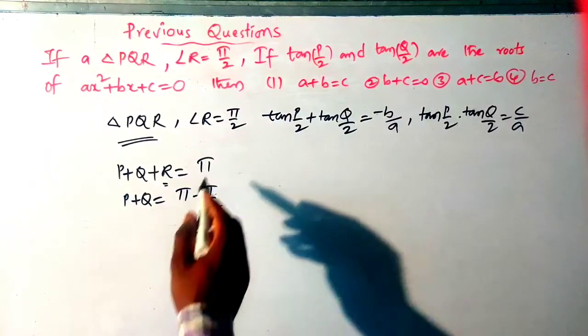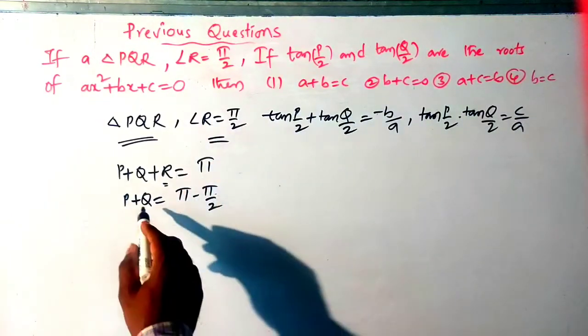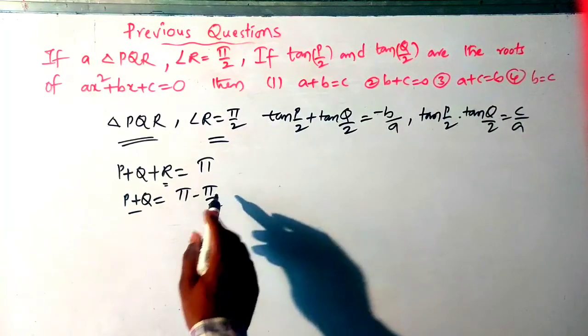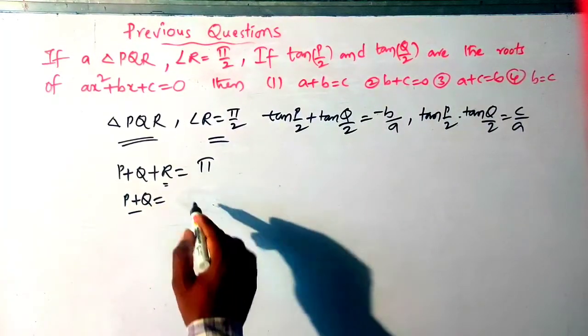Why? Because angle r is 90 degrees, so the remaining two angles p + q equal pi/2. Directly we can also write p + q = pi/2.